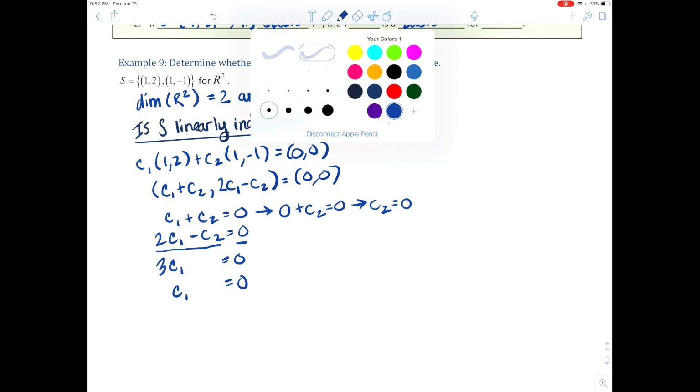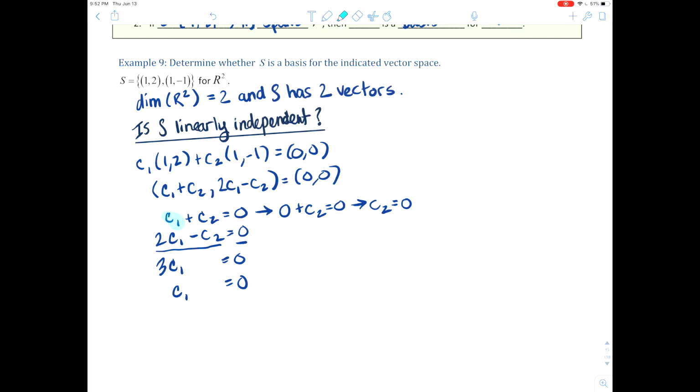So I just plugged in 0 for C1 from what I found right there. So C1 equals C2 equals 0. That's the trivial solution.